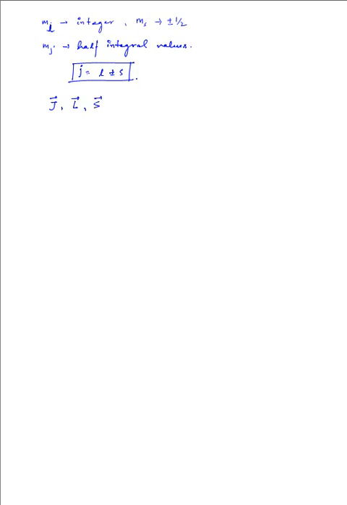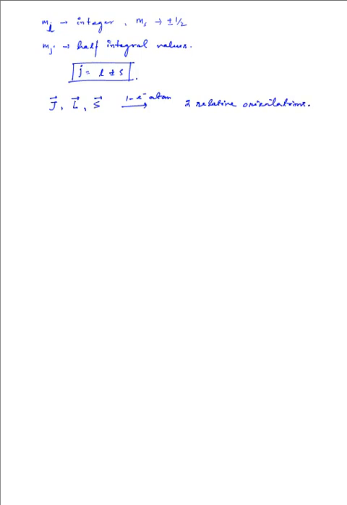In the case of a one electron atom, there are two relative orientations that are possible, which is because of the spin factor.